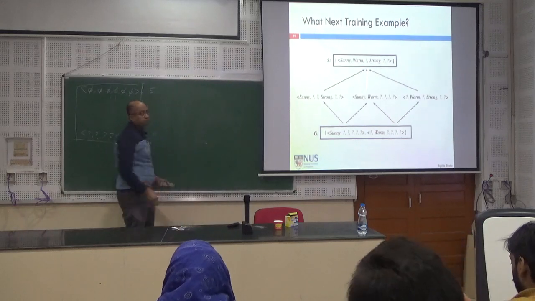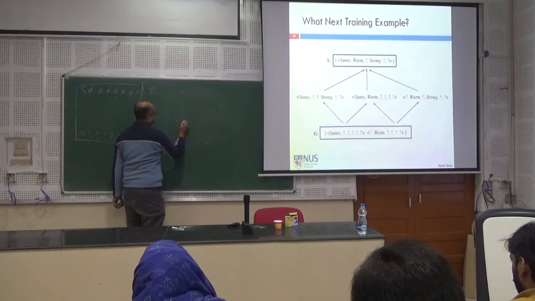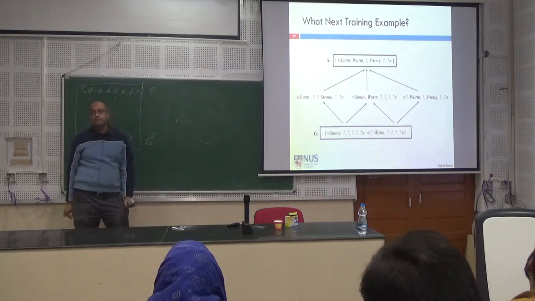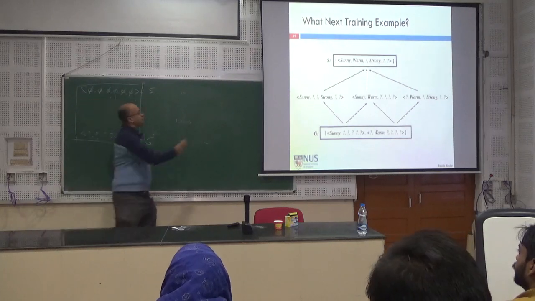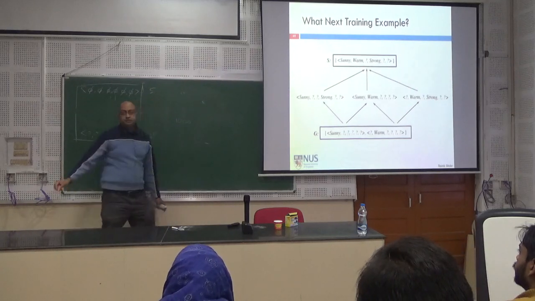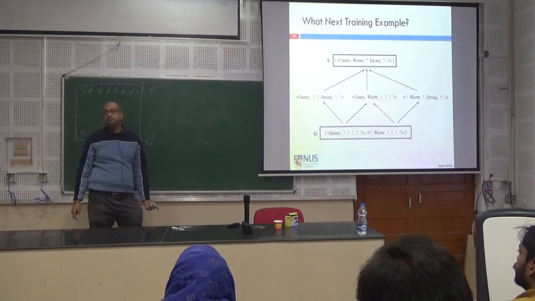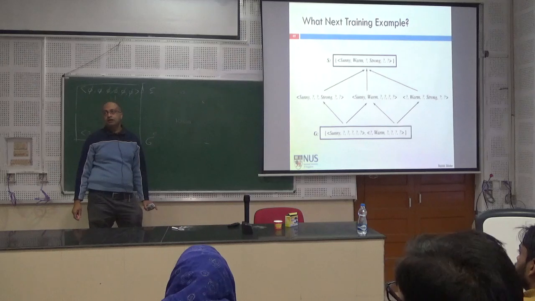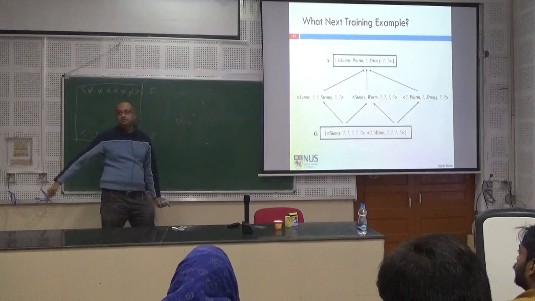Let's say you have a number, something between 0 and 1000. This is your range. You pick a number and you ask, is it in the top half or in the bottom half? And the teacher will come and say it's in the bottom half.